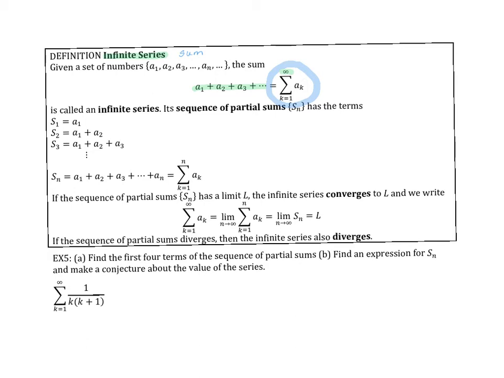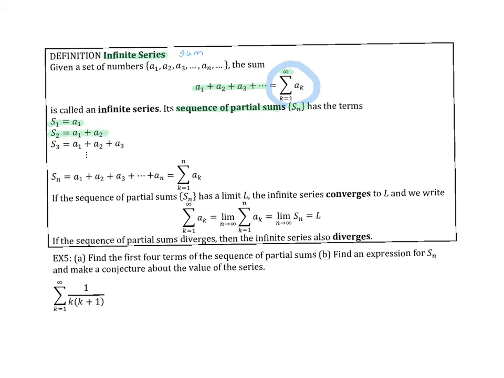However, instead of looking at an infinite series, what we can look at is a sequence of what we call partial sums. And we're going to look at that as being our S sub n's, S for sum. A sequence of partial sums is adding up the terms of a series, but only to some index n. So for example, S sub 1 is just your A sub 1. S sub 2 says add the first two terms up.